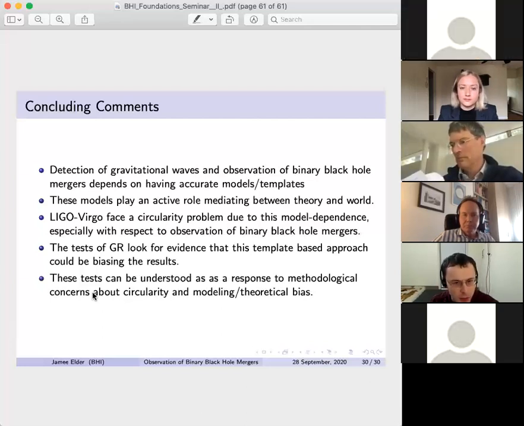Maybe it was Eric who pointed out that we're talking about GR in the vacuum case, and there are a lot of seemingly self-consistent alternative theories of gravity that agree with GR in the vacuum case. So on the one hand, it's not entirely clear that we can distinguish between all of these different theories. But that, of course, then raises the question.